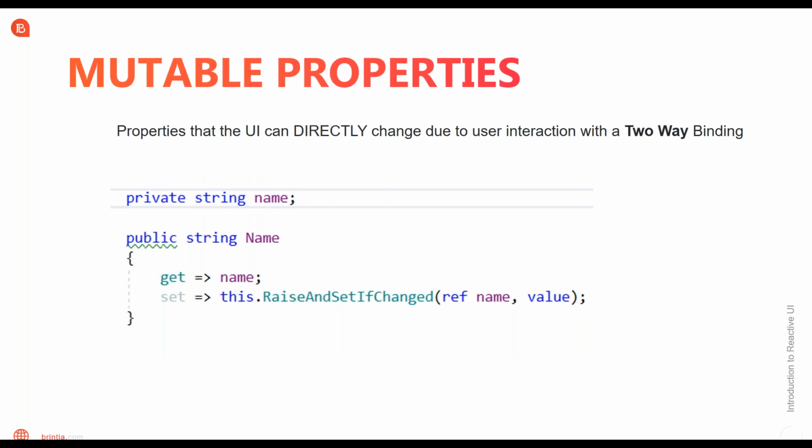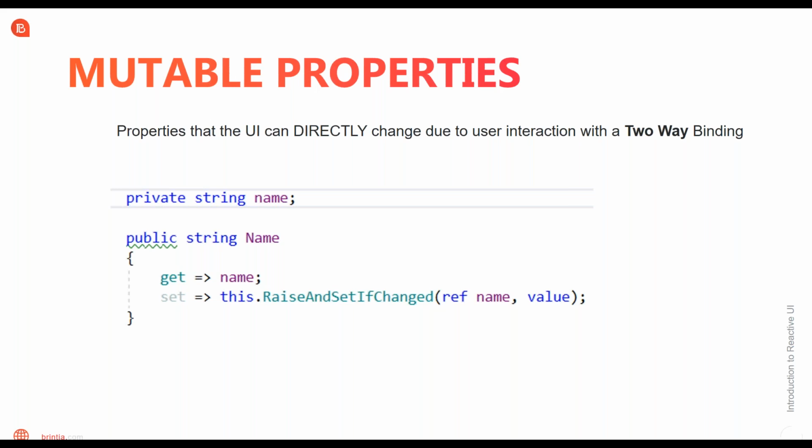Well, these are the mutable properties. The mutable properties are properties that the UI can directly change due to user interaction, usually with a two-way binding.